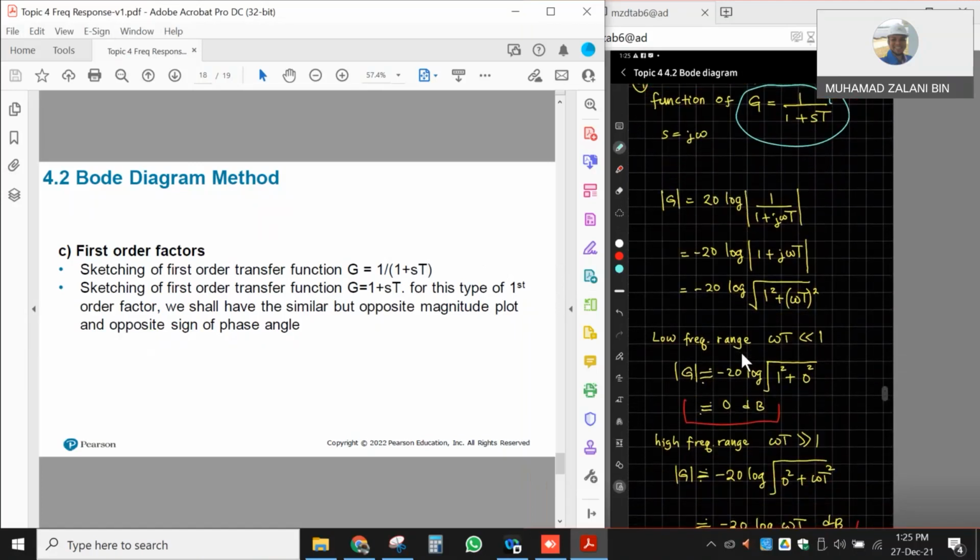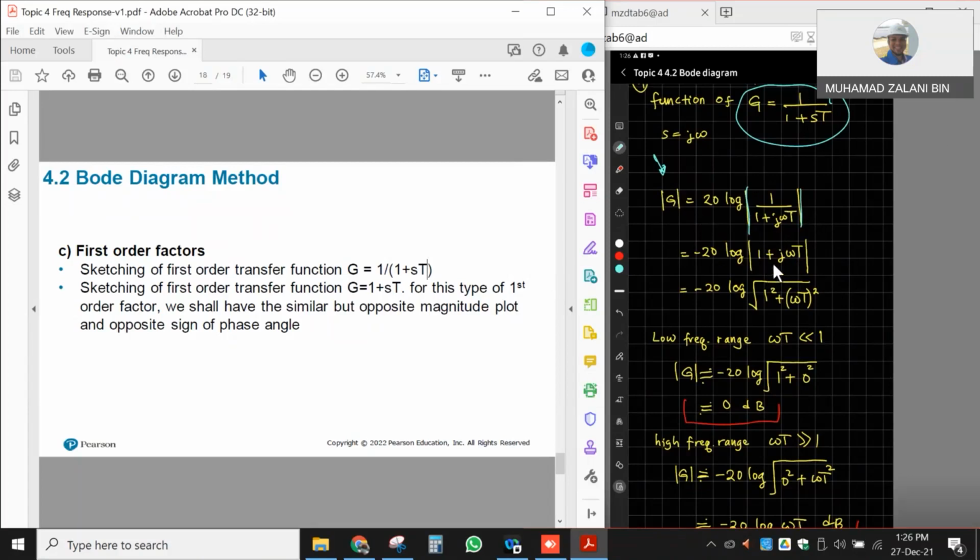We do it in a similar way to what we have done before, which is calculating the decibel of the magnitude. G equals 20 log of this function, substituting s equals j omega. So we should calculate the log of this magnitude, and we have learned about the reciprocal relationship of the function, right?